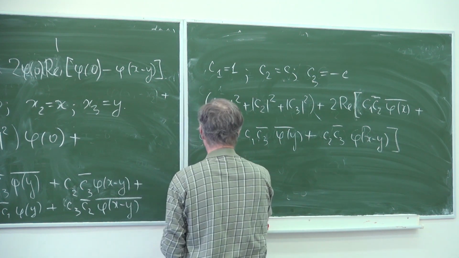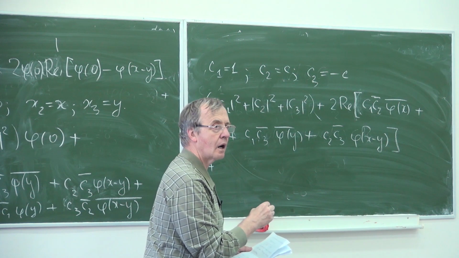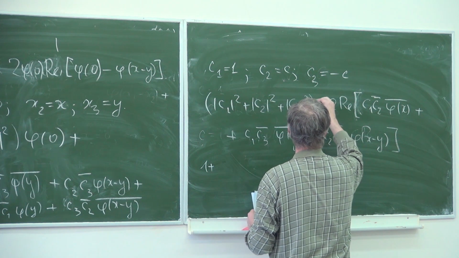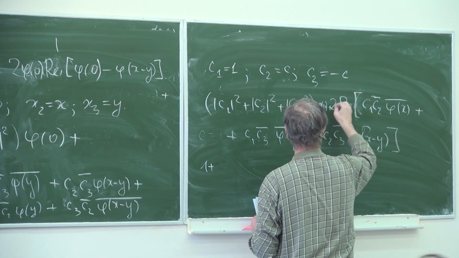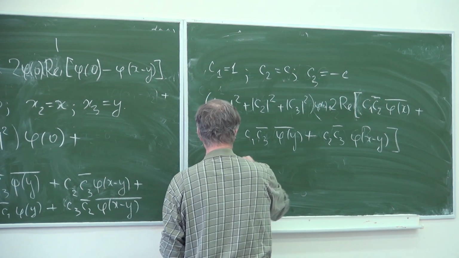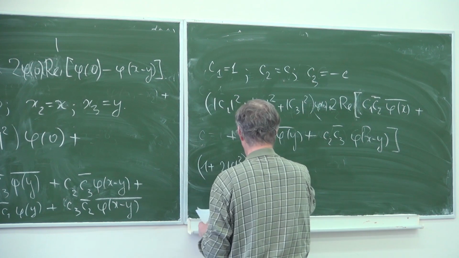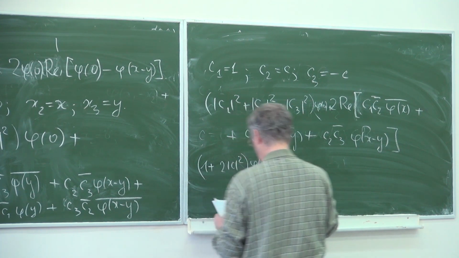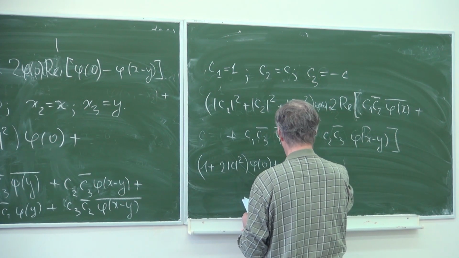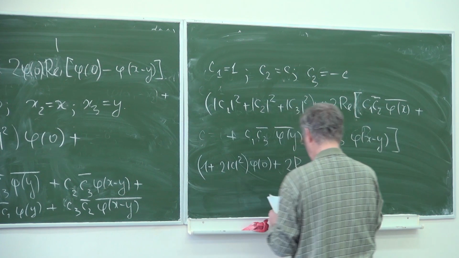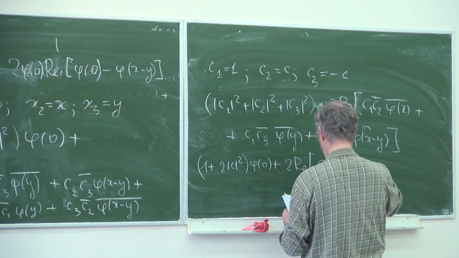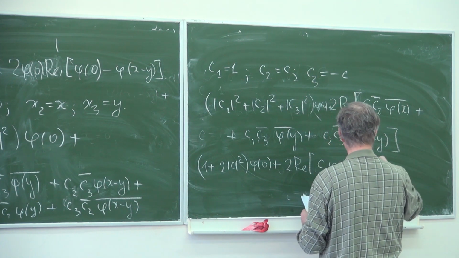So we obtain 1 plus, I forgot the first term, phi of 0. Yes, I forgot it. So 1 plus 2 absolute value of c squared phi of 0 plus 2 real parts of c phi of x minus c phi of y.